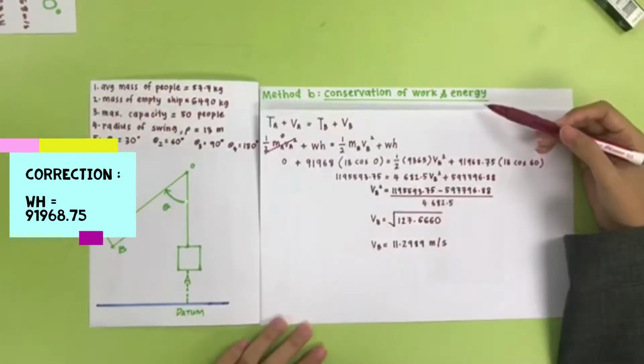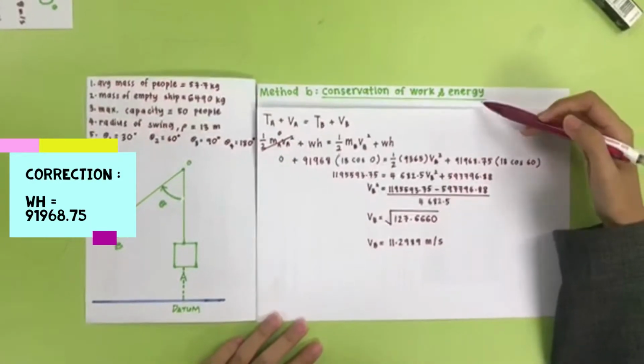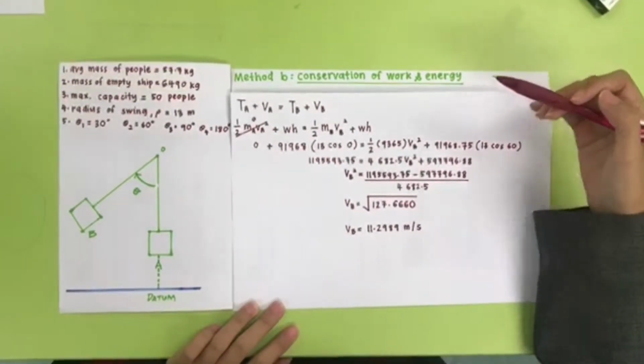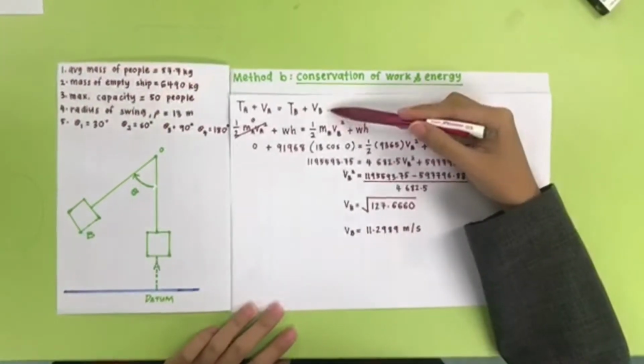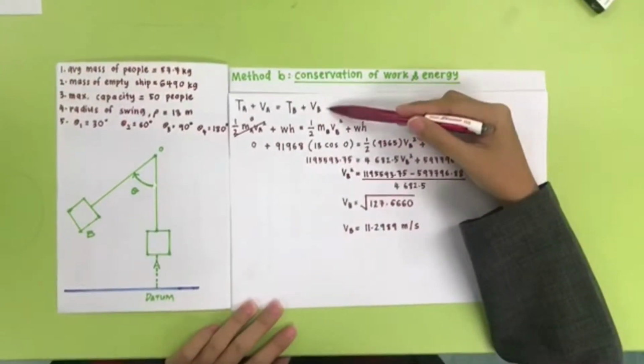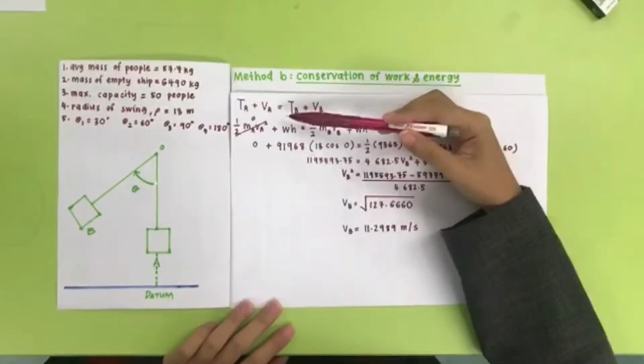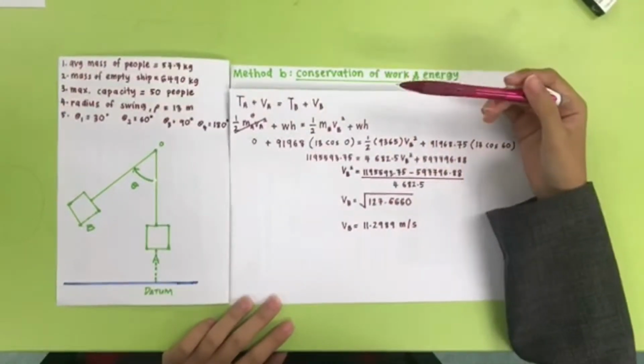Okay, another method to calculate the velocity is conservation of work and energy. The equation for the conservation of energy is TA plus VA equals TB plus VB. TA, the kinetic energy, has the formula 1/2 mv squared.